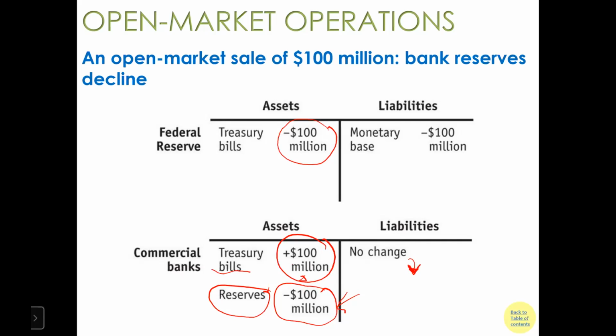One is they call in some loans. But usually what they do is stop making new loans for new deposits so that they can make up this shortfall in reserve. But in either case, you can see this open market sale of treasury bills will reduce money supply, right?